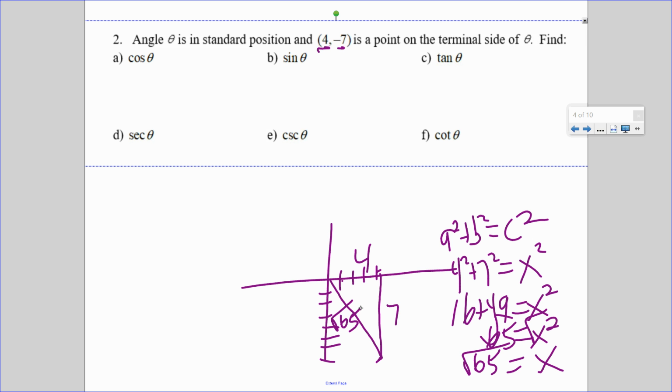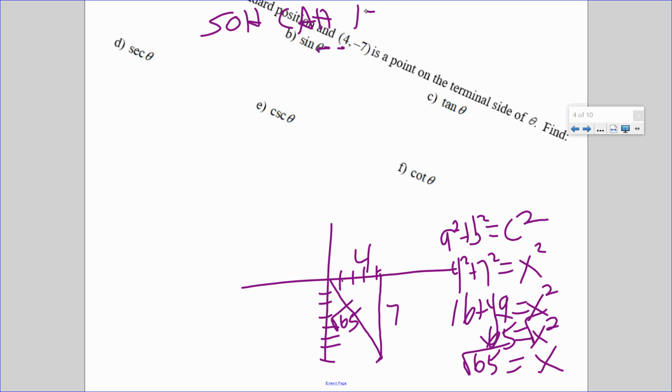It's not always going to work out to be an integer, so don't be freaked out if it's not. And if it's a radical, we just leave it as a radical. All right, so SOHCAHTOA.